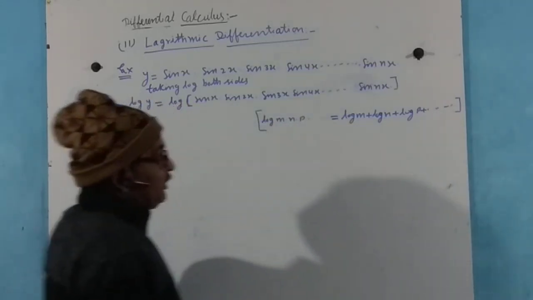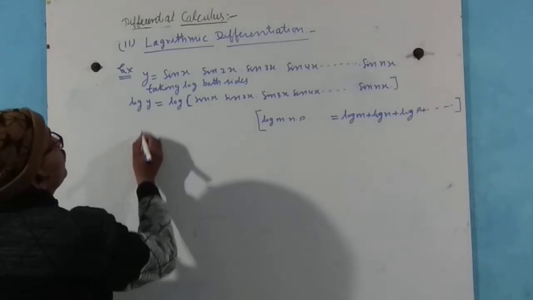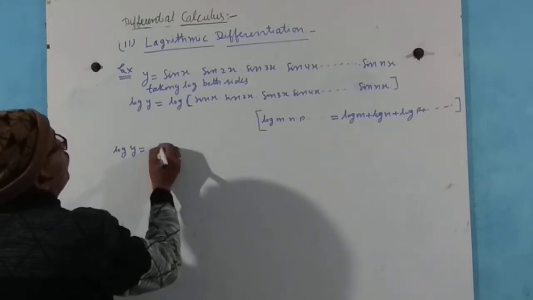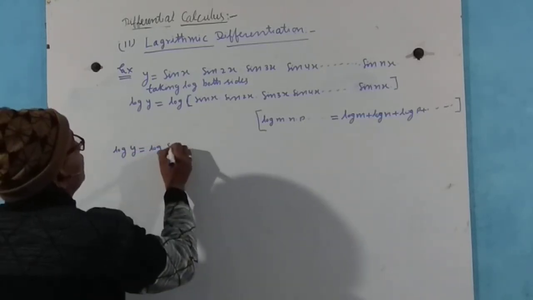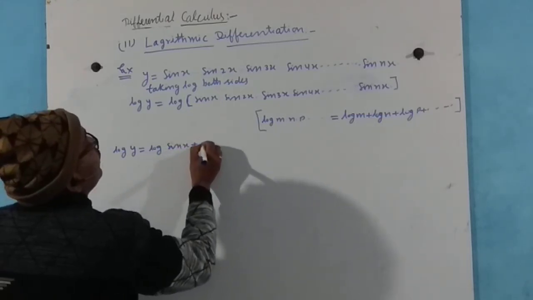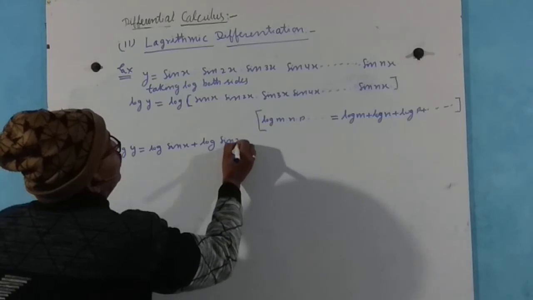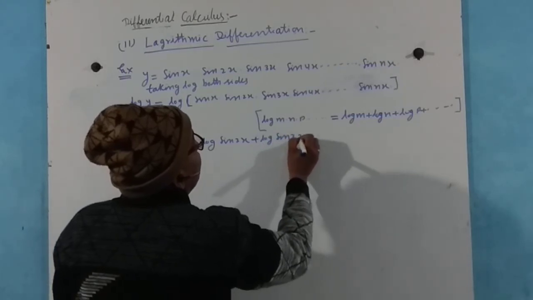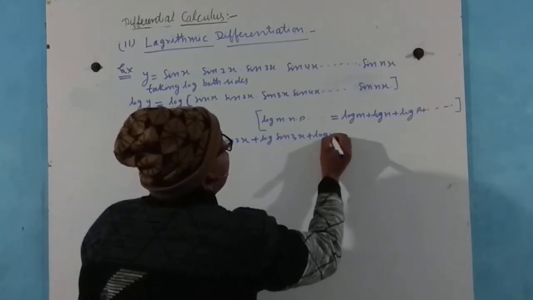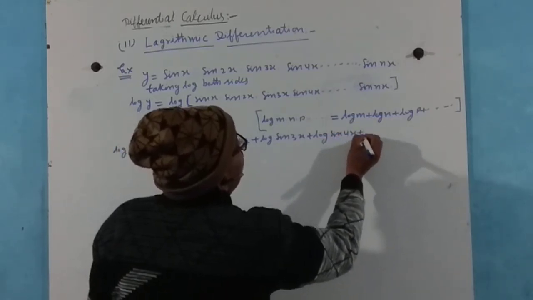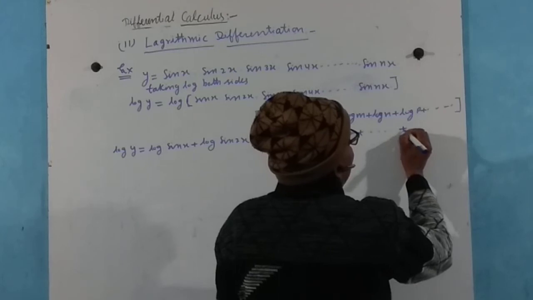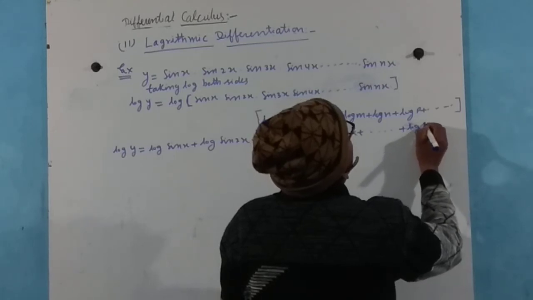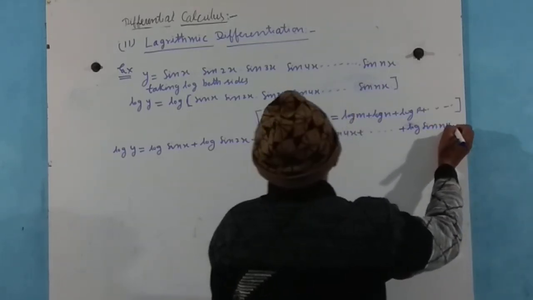On the basis of this, it can be written as log y equals log sin x plus log sin 2x plus log sin 3x plus log sin 4x plus up to log sin nx.